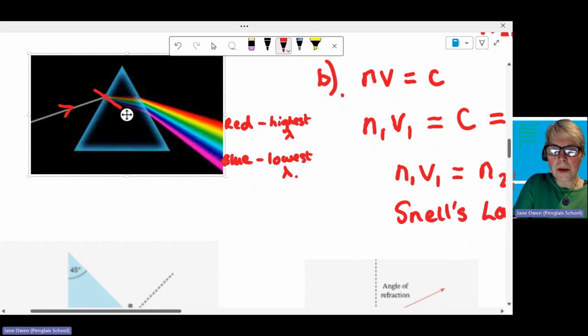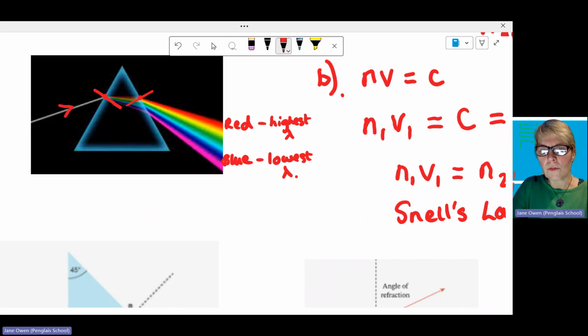At the point where it comes out again, we draw another normal, and the red end, with the greatest wavelength, refracts least. That's why we have red skies at night, because that's what's left behind, especially if there's pollution or particles in the atmosphere to trap the light a little bit, and it produces red light at night. Whereas during the daytime, you've got maximum scattering for the blue light, so more refraction takes place and the sky looks blue.